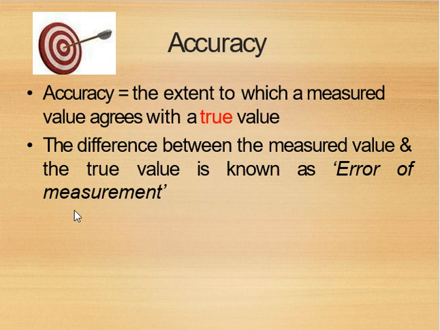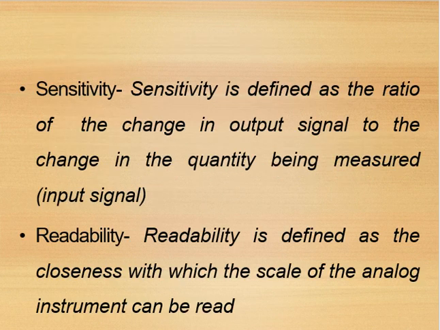Whenever this error of measurement is very small, we can say the accuracy is very high. We'll talk more on accuracy and precision, and the difference between them, don't worry about that.